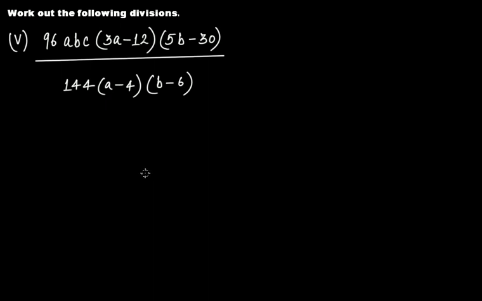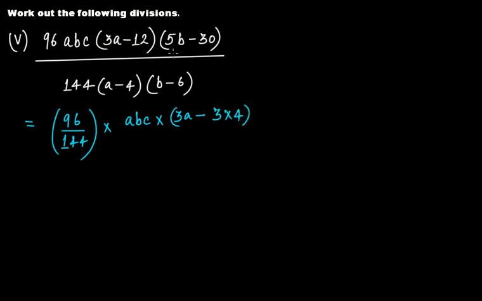Okay, in this case you can write this as 96 divided by 144, let's group it together, then multiplied by ABC multiplied by 3a minus 3 multiplied by 4. 3 multiplied by 4 means 12, multiplied by 5b minus 5 multiplied by 6.